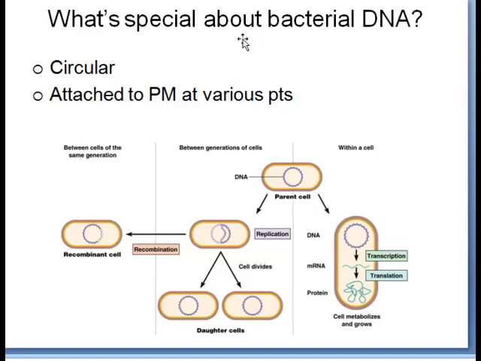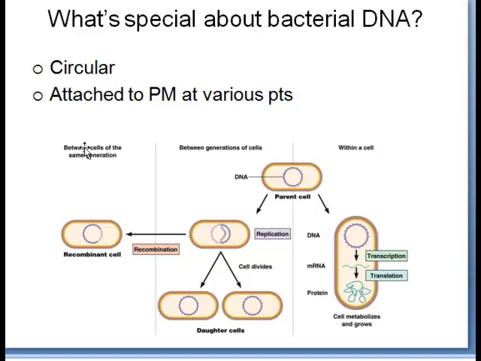What is so special about bacterial DNA is that, as we learned earlier, it's circular. So notice over here we've got the circular DNA, and it's also attached to the plasma membrane at certain points. The reason for that is there is no nucleus, so it is not present in an enclosed compartment. It's free floating in the cytoplasm, but attaches to the surface of the plasma membrane.